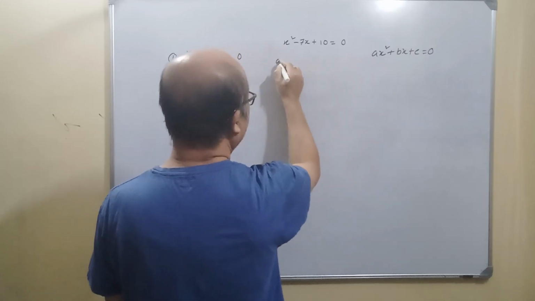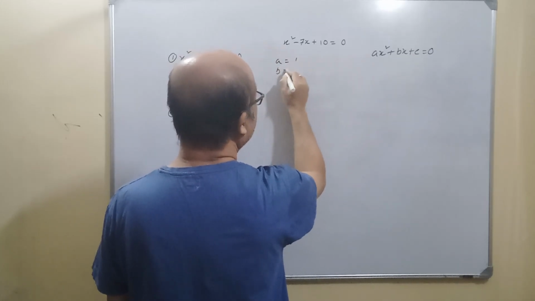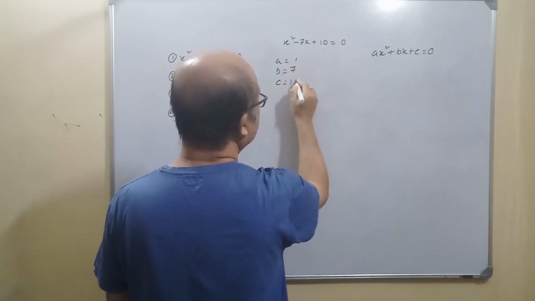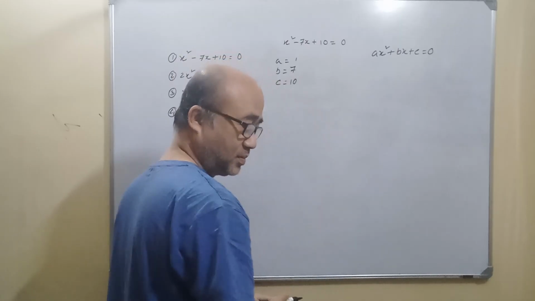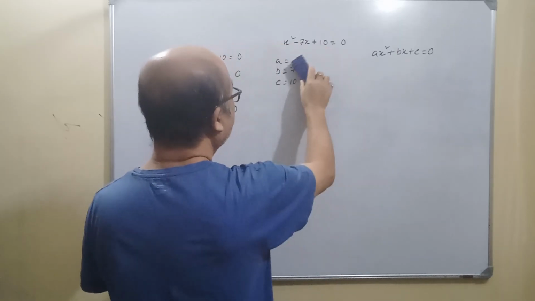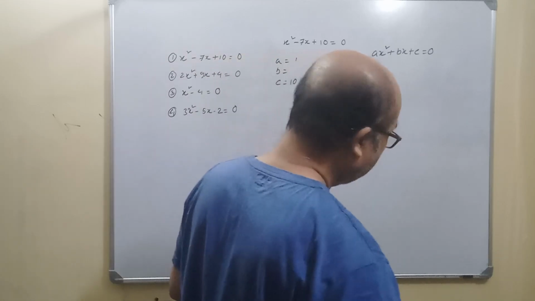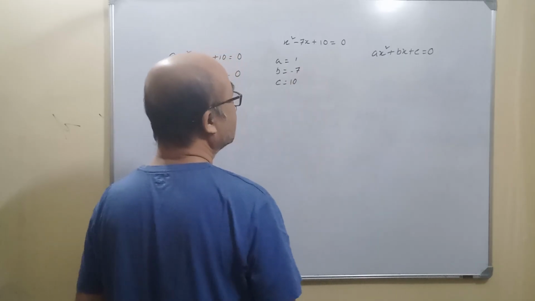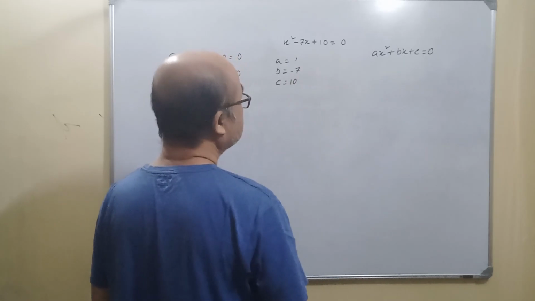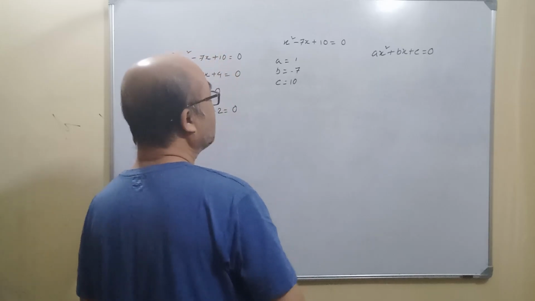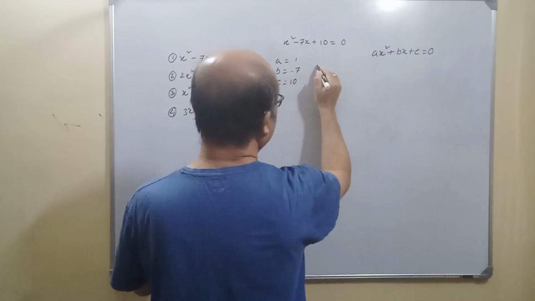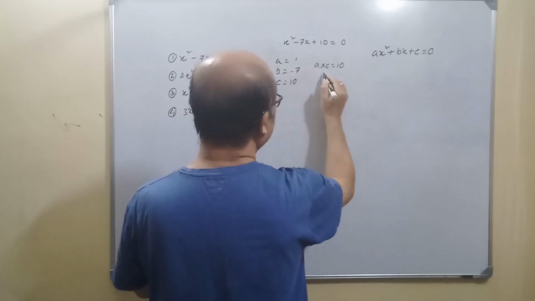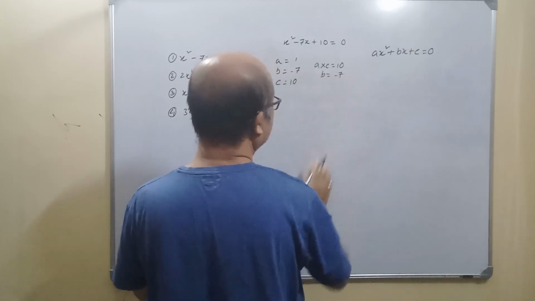So here a is 1, b is minus 7 and c is 10. So multiplying a and c, we get a into c is 10 and b is minus 7.